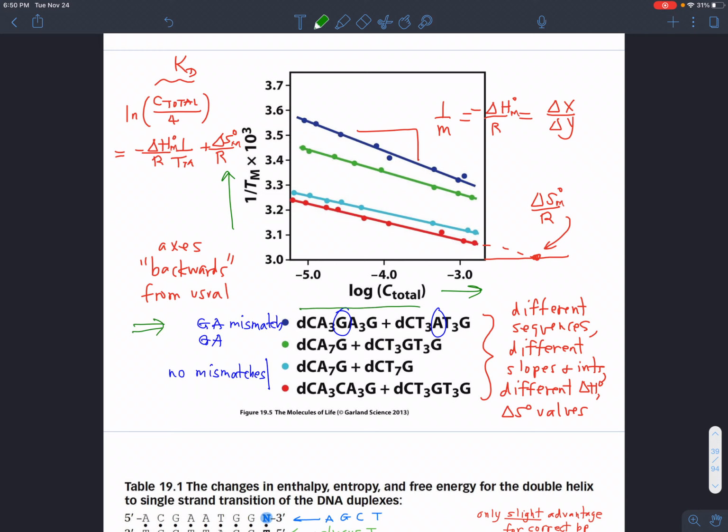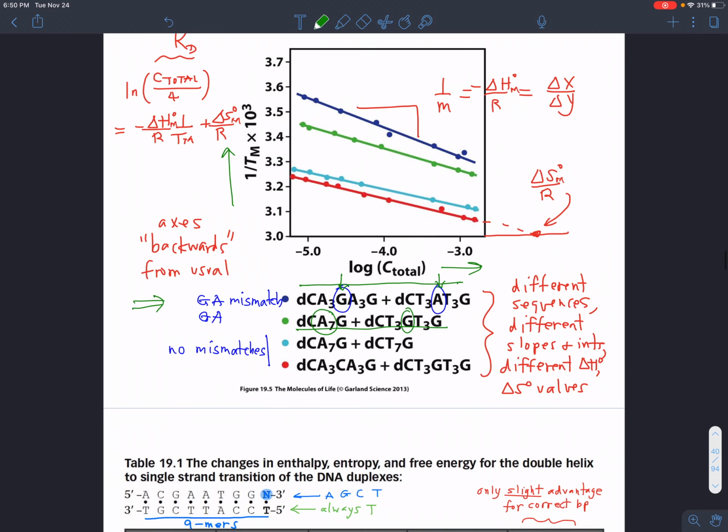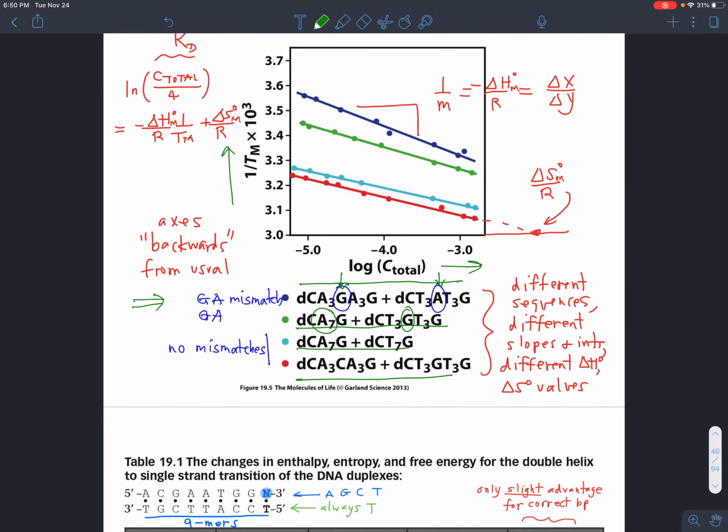Notice that this particular pair has a mismatch in the middle. It's got a GA pair in the middle. This particular pair of single strands also has a mismatch. You can see there's a G here in the middle, and that's going to have to try to match with one of the A's in the middle of this guy. So there's also a GA mismatch in that molecule. But then these other 2 pairs of molecules don't have any mismatch.